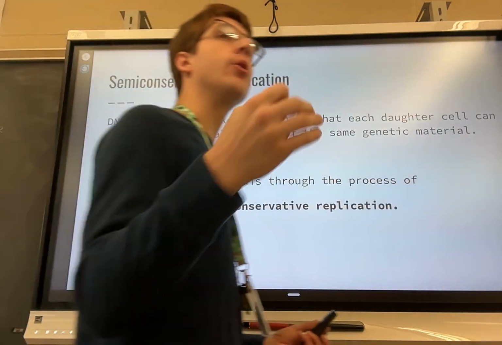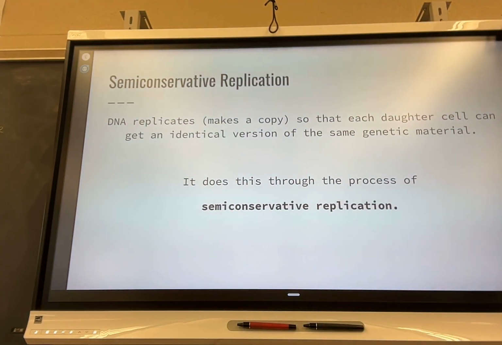So we're also going to say that our DNA replication is called semi-conservative replication. So what does it mean to conserve something? So to keep it.